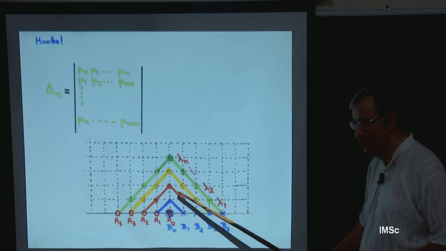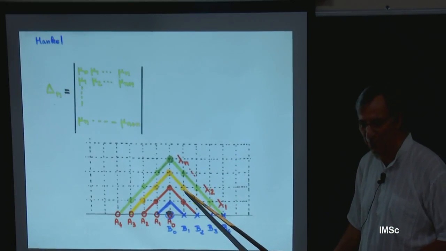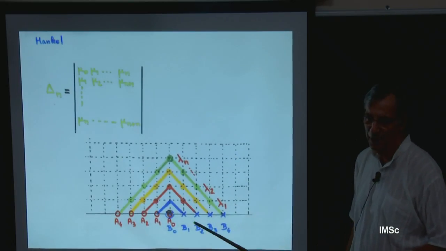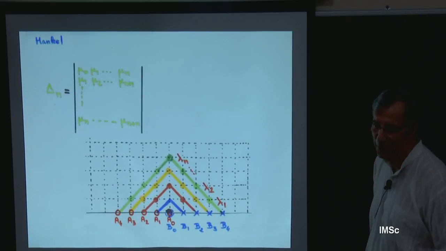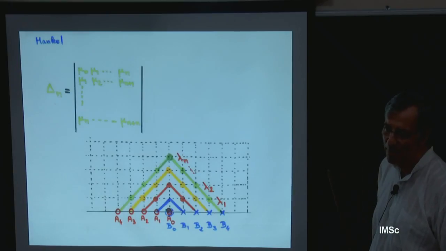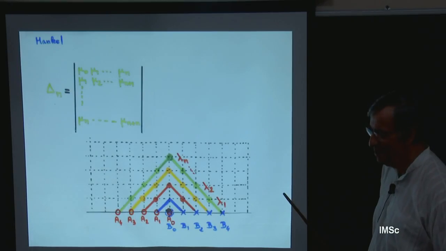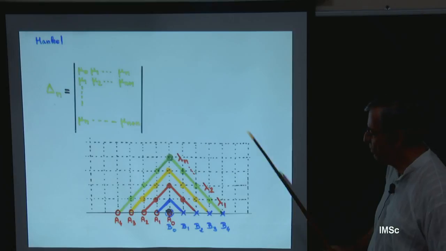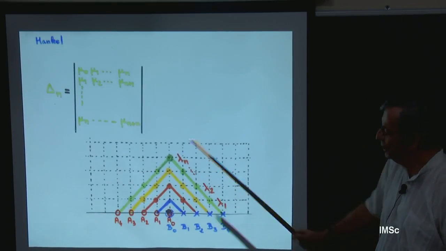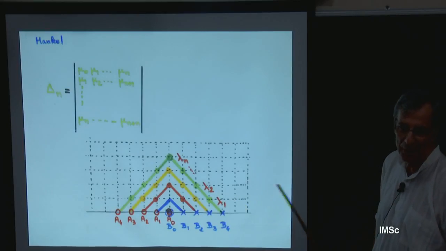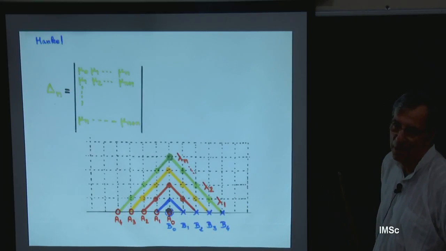Even if the non-crossing condition is not satisfied, you can do as if it was satisfied, because it is so close, so packed, that there is no room to make a virtual crossing. I don't have any virtual crossing, so I can apply the lemma as if it had the non-crossing condition.